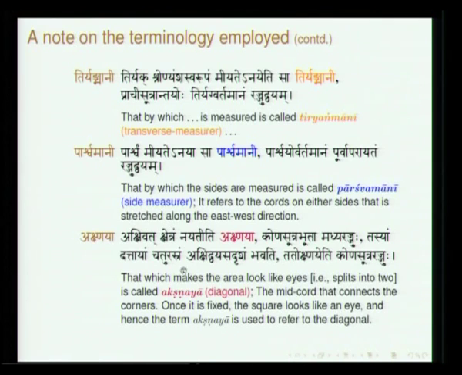Akshi means eye. So, it splits the geometrical object into two halves like two eyes. That is the kind of derivation that has been presented for the word Akshanaya here. Basically, Tatoha Akshanaya iti Kona Sutra Rajjuhu. Kona Sutra means two opposite corners. That which connects the two opposite corners is what is referred to as Akshanaya. Okay.